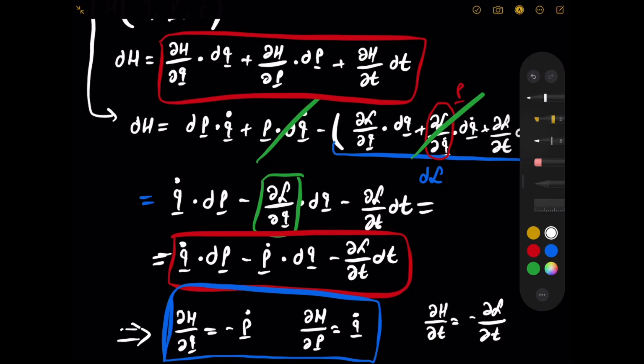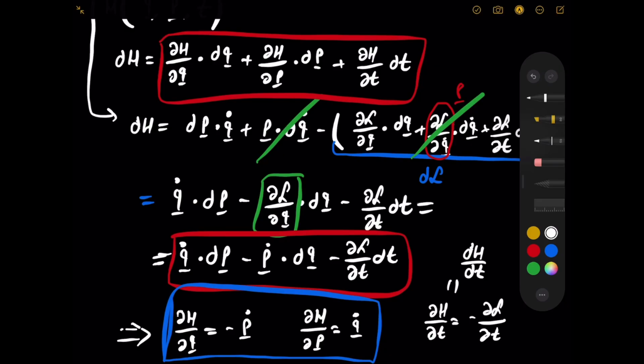And I want to say one thing. Please don't confuse this partial derivative with respect to time with a total derivative. This is not dh by dt, because I've written these curly with a purpose. They are partial derivatives. Now it turns out that the partial derivative of the Hamiltonian with respect to time is also equal to the total derivative of the Hamiltonian with respect to time.